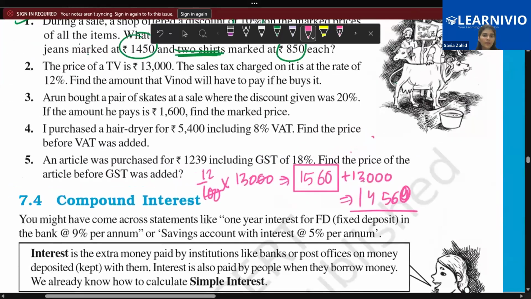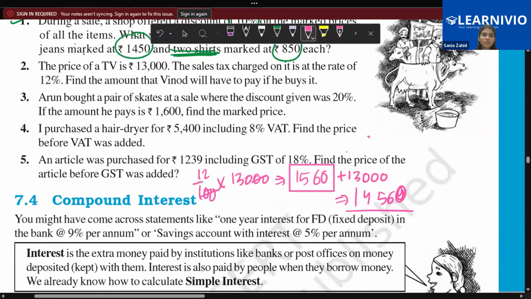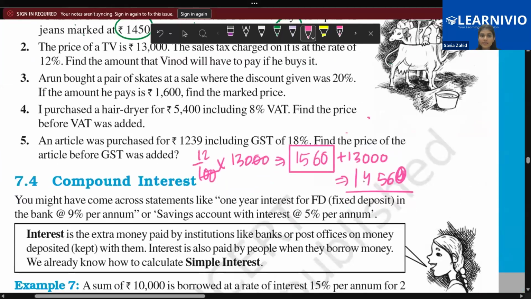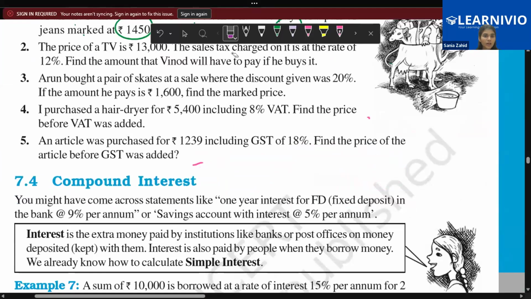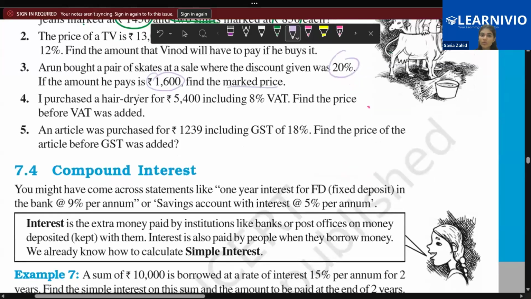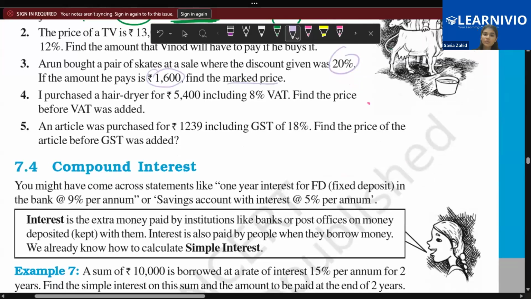Okay. Next: Arun bought a pair of skates at a sale where the discount given was 20%. If the amount he pays is 1600, find the marked price. So marked price you have to calculate. Children, this one you will do according to the previous one only. So 20%, 20 by 100 into x is equal to how much?